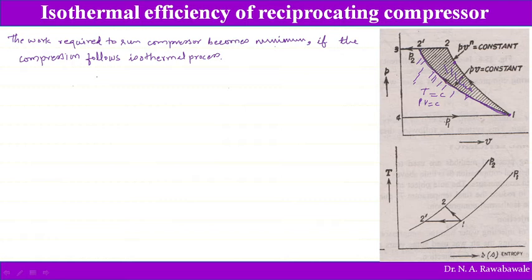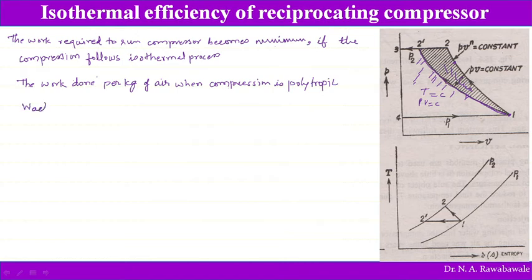Now the work done per kg of air delivered when compression is polytropic is given as actual work.